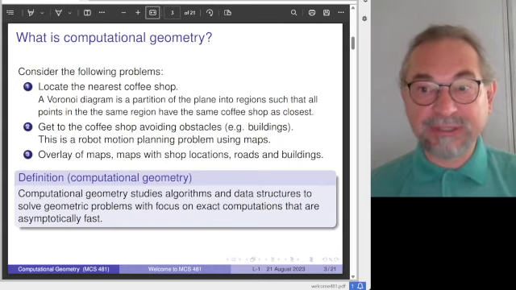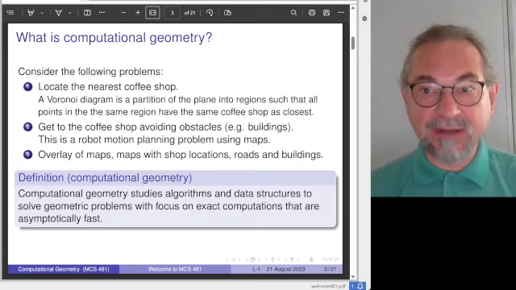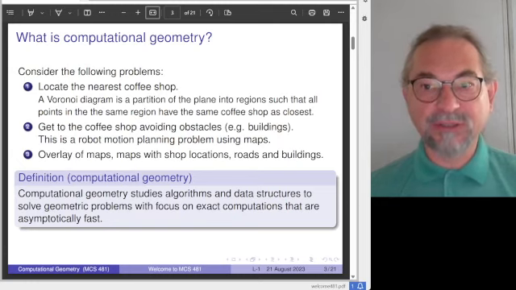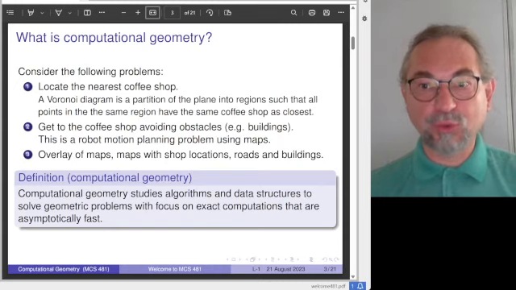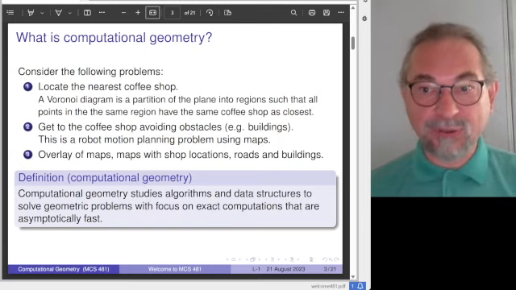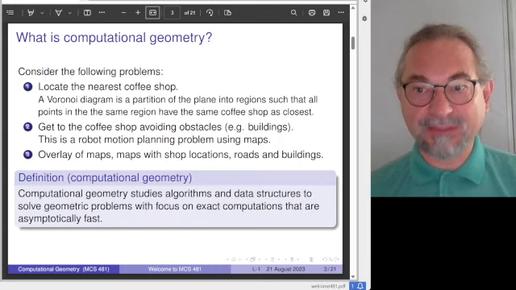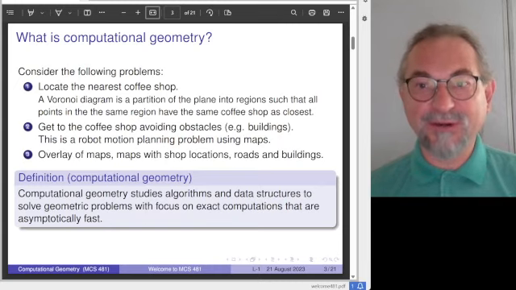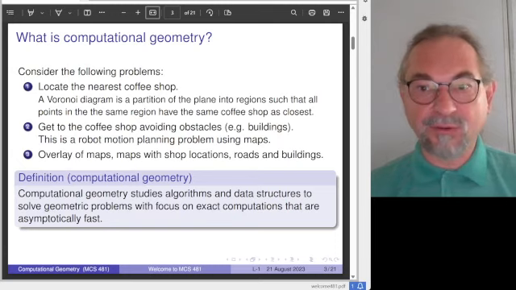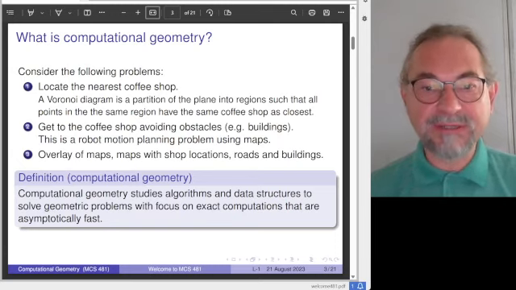Starting to read the definition backwards, we are interested in algorithms that have a linear or a quasi-linear cost. So most of the algorithms will be similar to sorting. There is also the focus on exact computations. That's why I indicated that this is not really an applied geometry course, because data in the real world is often only known with limited accuracy.